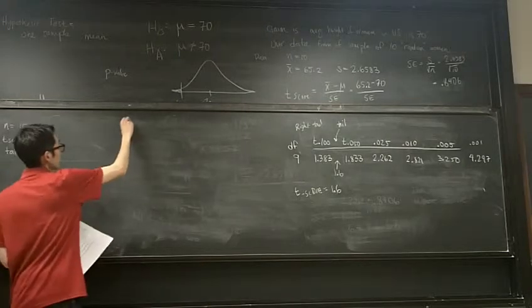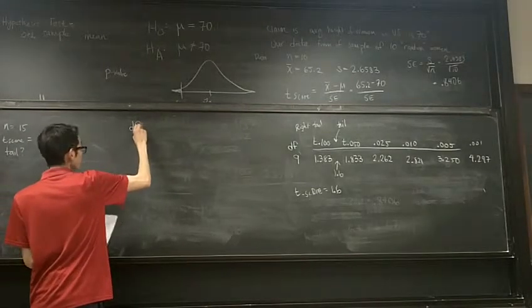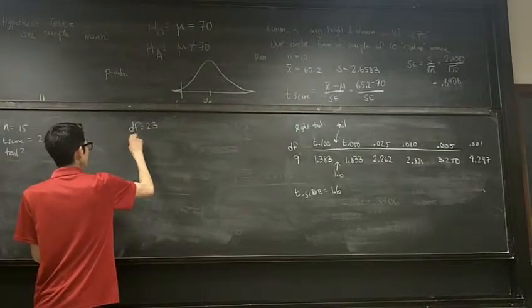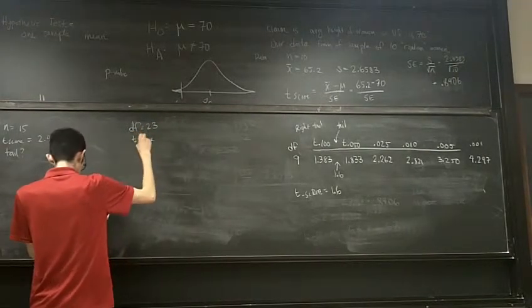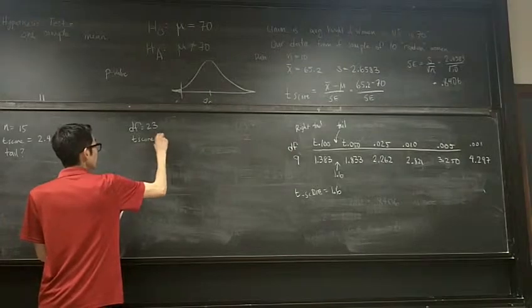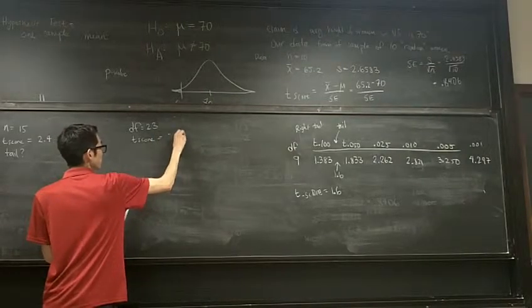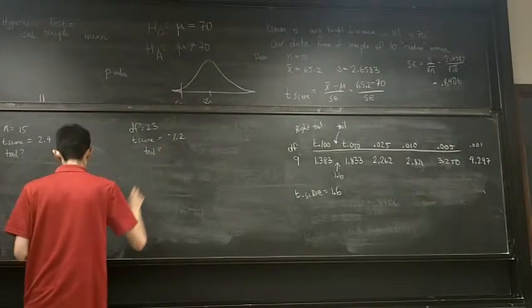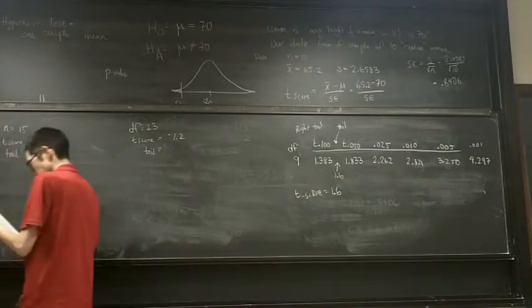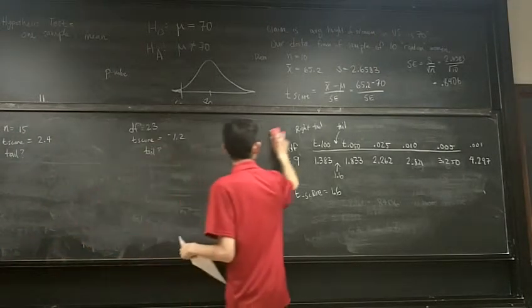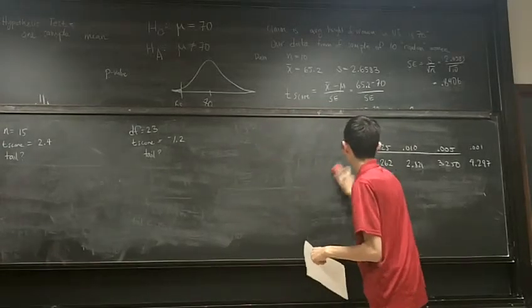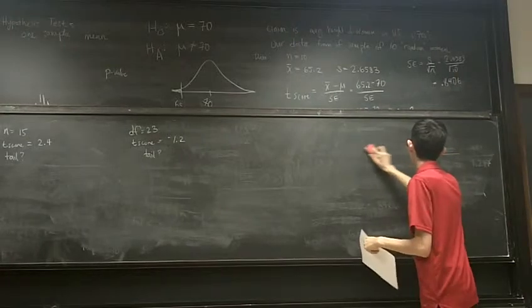And then let's say in another problem, your degrees of freedom is 23 and your t-score is equal to negative 1.2. How much is in the tail? We already figured that out.